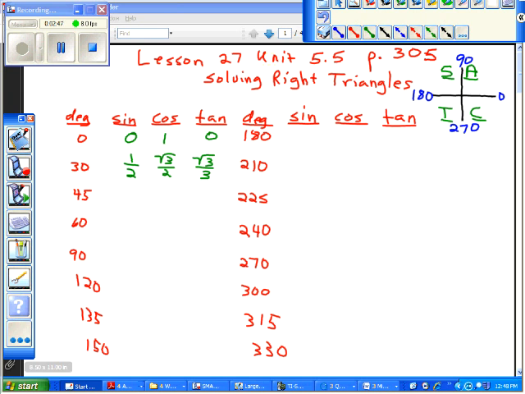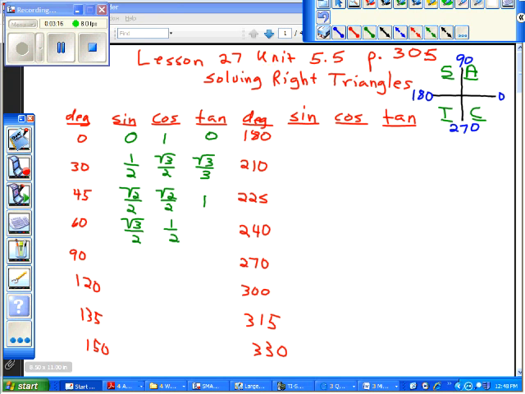Again, memory work. The sine of 45 is square root 2 over 2. Cosine 45, square root 2 over 2. Tangent 45, 1. The sine of 60 is square root 3 over 2. The cosine of 60 is 1/2.